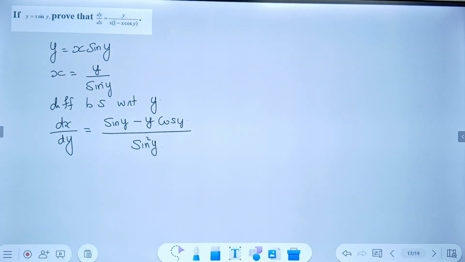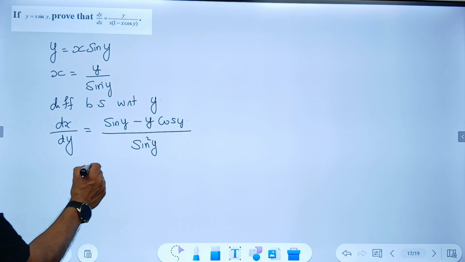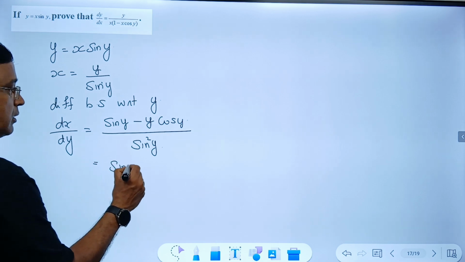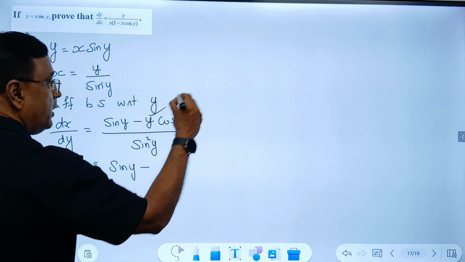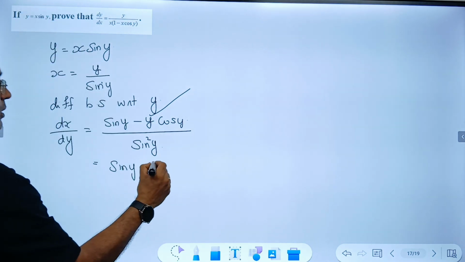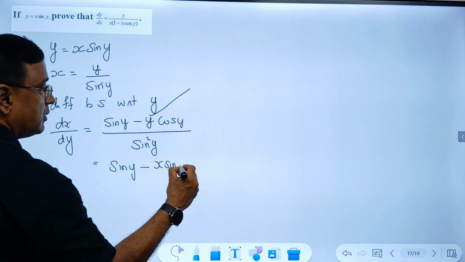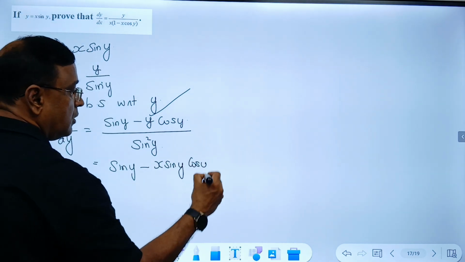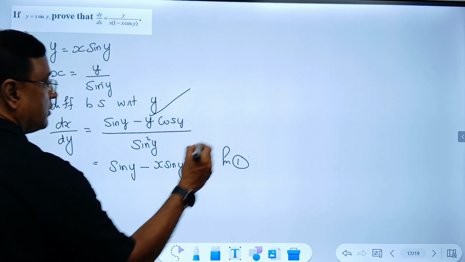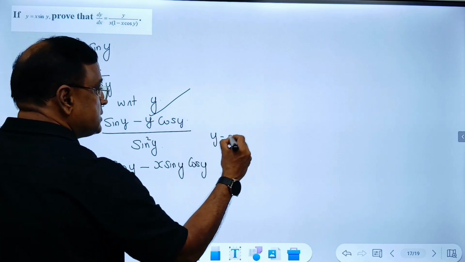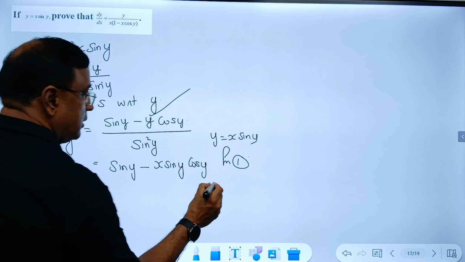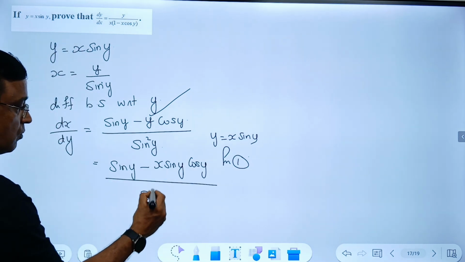So this will be sine y minus y, and this y is nothing but x sine y, from 1. Y is x sine y, divided by sine square y.